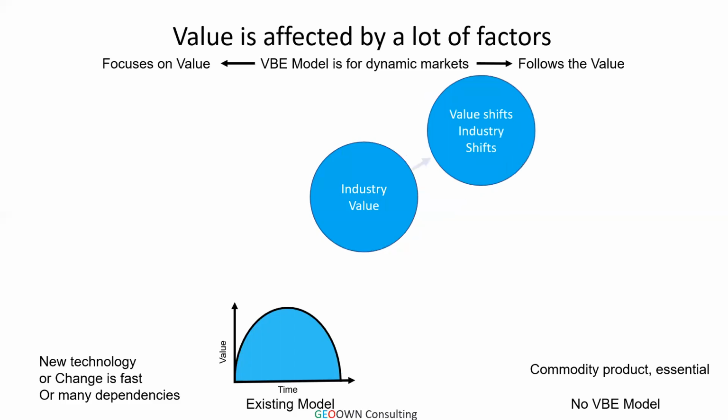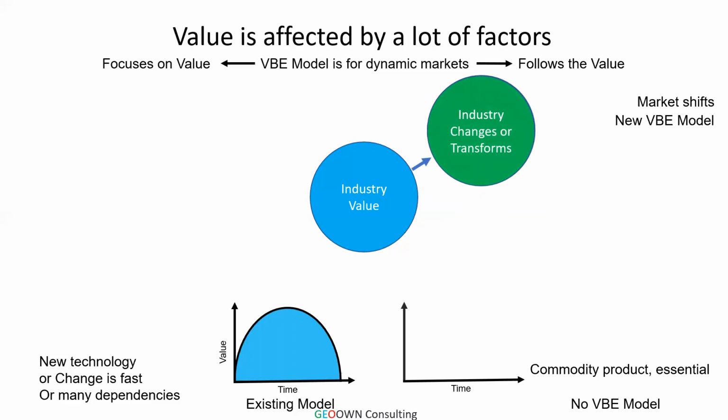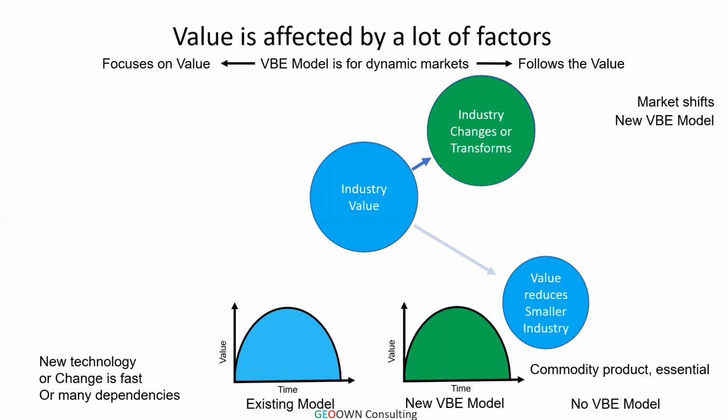The industry value shifts, and when it shifts, it could change or transform to a new VB model, which we can represent by green here. Or the industry value could decline. So the market reduces. And we saw in the previous videos what happened when certain VBs changed or a paradigm shift happened: the market reduced.